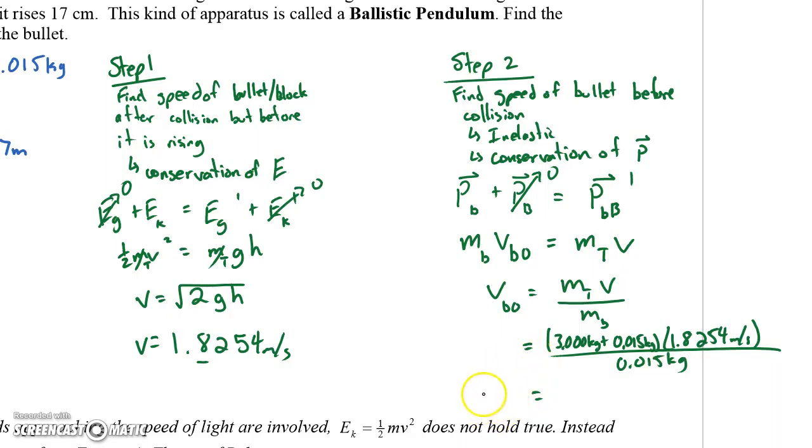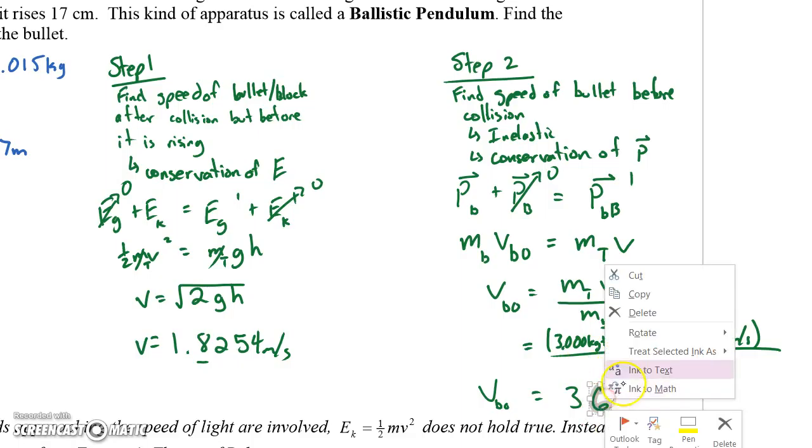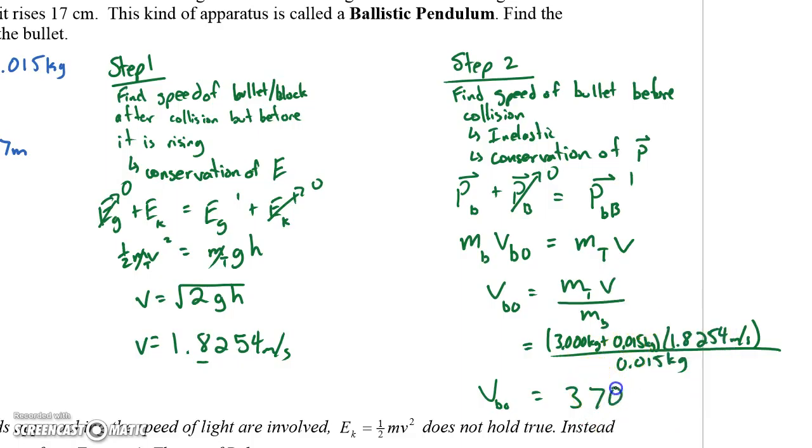And that gives us a speed of the bullet initially of 370, not 367, 370 meters per second. Your calculator would get 366.9 approximately, which to 2 sig figs, our final answer is 370.